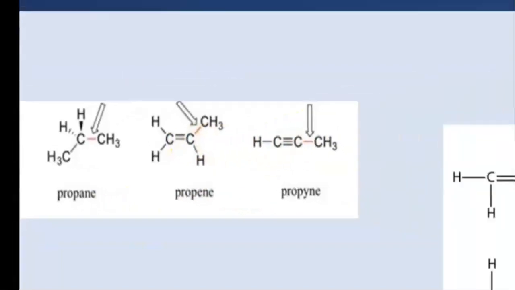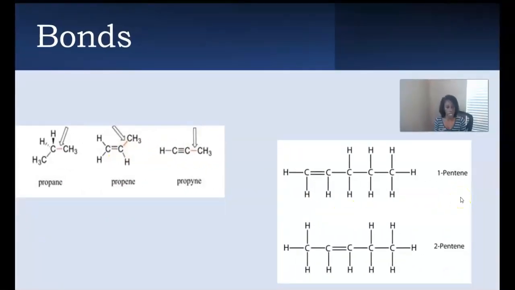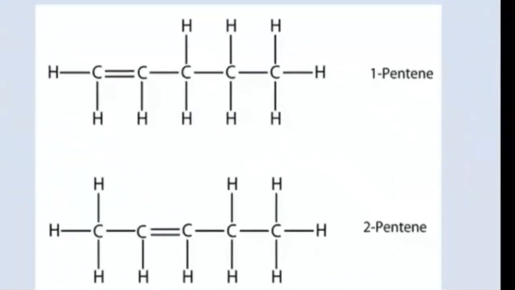Now let's go back to what I was saying before about the double bonds that can kind of change positions. So here again, we see 2 compounds that look really similar, and their names are similar, 1 pentene and 2 pentene. Each of them has 5 carbons, which is where the pent comes from. But the double bond is in 2 different places. So here we see the double bond in between the first and second carbons going from left to right.